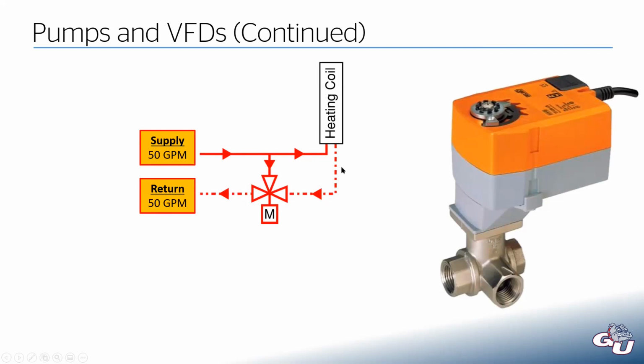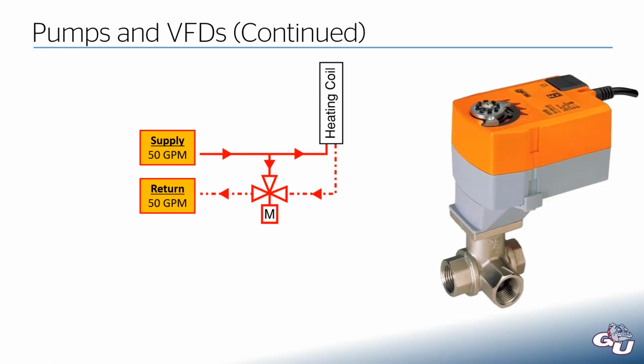The thing is, though, we can't just send 50 gallons per minute through this coil all the time. What if that space doesn't need 50 gallons per minute? What if it's a moderately cold day and at that moment in time, they only need 20 gallons a minute? If you were sending 50 gallons a minute all the time to that heating coil, you would end up overheating the space.